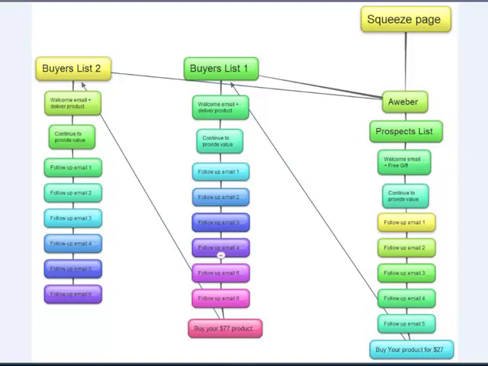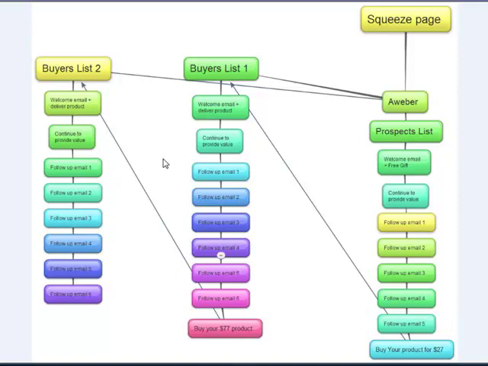This is the sales funnel that you should use when you have 2 products to sell. Just a quick recap, as we've said. First product, don't go over the $15 mark, and a good price point is around $7, but $7 to $15 is good. And then when they go onto your buyers list number 1, you can then offer them another product, obviously going a little bit higher.